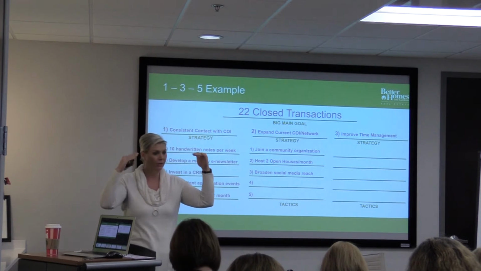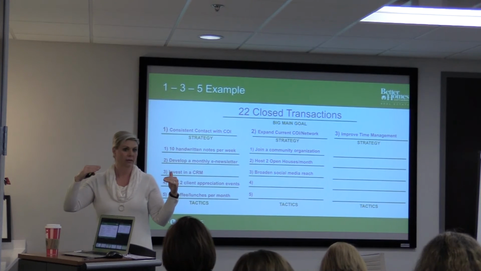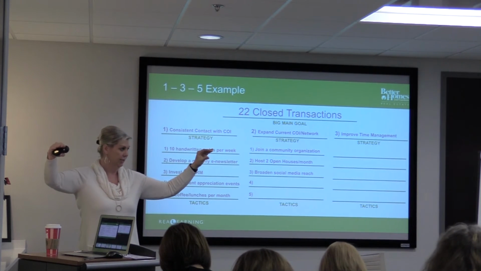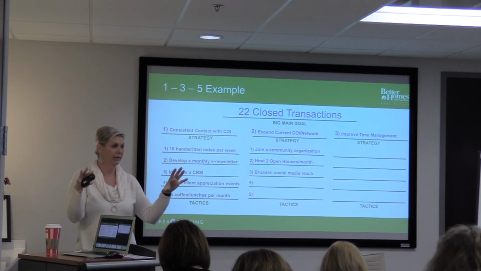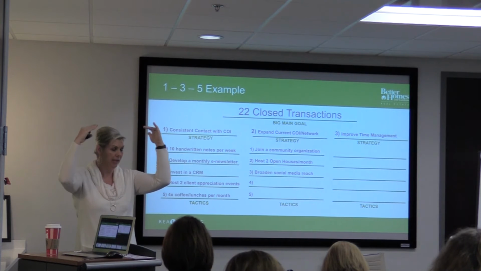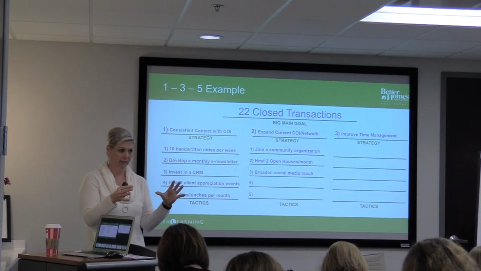Is it starting to make sense on how to do the goal setting? The 1-3-5 method. Start with the big goal. What are the strategies? The tactics, that is your roadmap. That is how you get to the end. Start with the end in mind. We've all heard that, right? How do you get there? That's in your tactics.